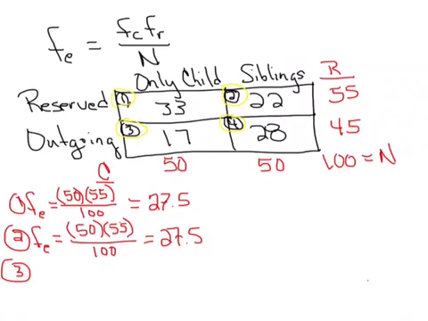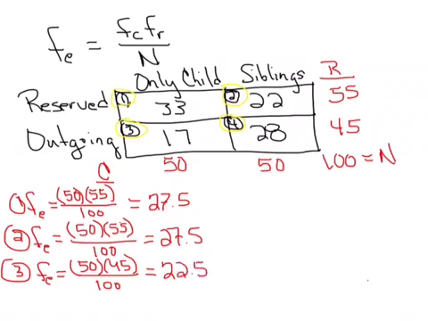So 50 times 45 divided by 100. So f of e equals 50 times 45 divided by 100. And you should get 22.5.